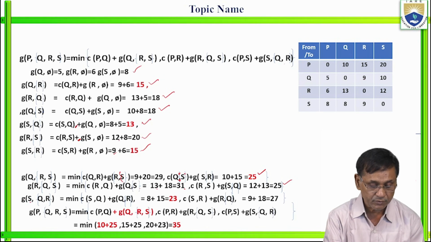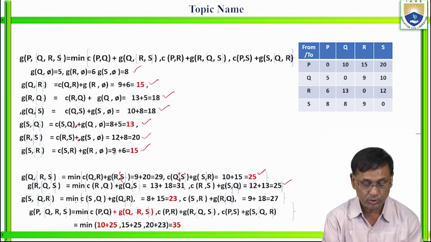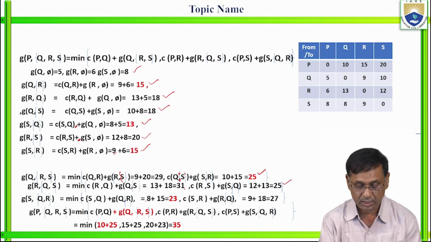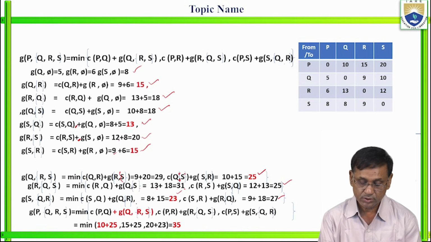Next, the cost of going from S to the set of cities Q, R is equal to the minimum of the cost of edge S, Q plus the cost of going from Q to the remaining set of vertices R, which is 8 plus 15 is 23, comma the cost of edge S, R plus g(R, set of Q), which is equal to 27. So in this we have to select the minimum, 23.